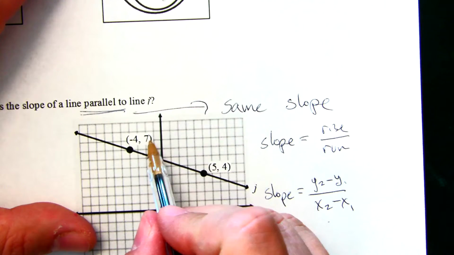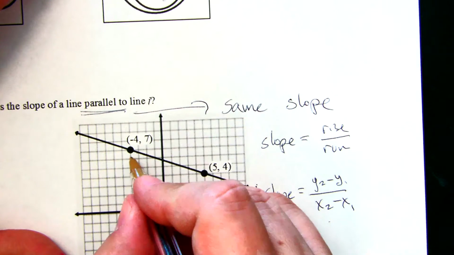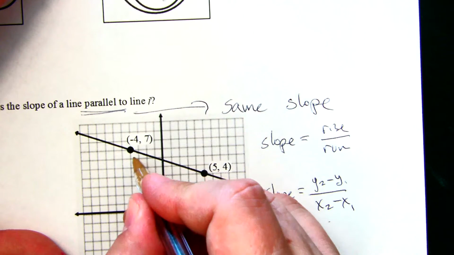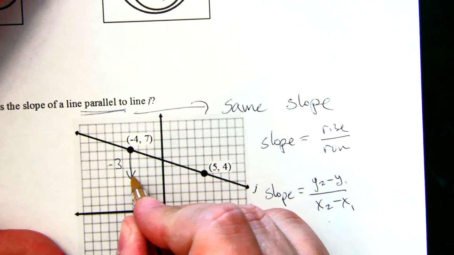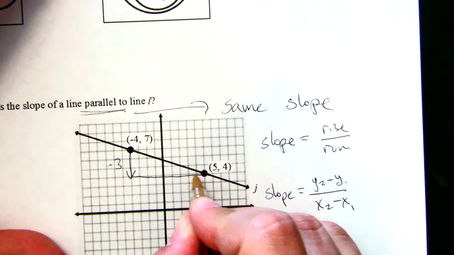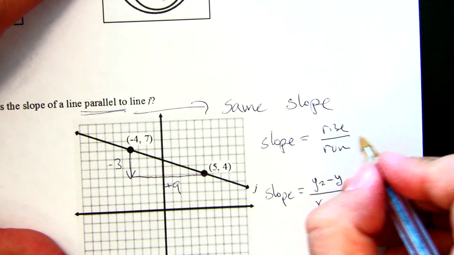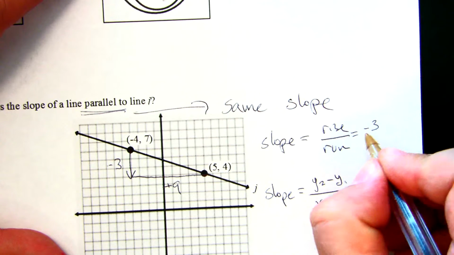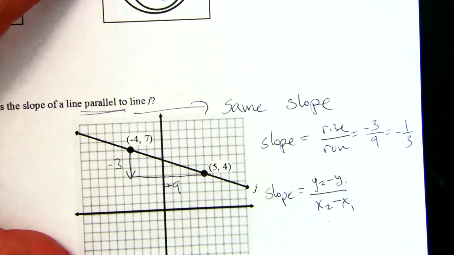We've got our 2 points here. I think when you have a graph, it's easiest to just do rise over run. To go from this point to this point, I go down 3, so that's negative 3, and then over 1, 2, 3, 4, 5, 6, 7, 8, 9, positive 9. So my slope would be negative 3 over 9, which simplifies to negative 1 third.